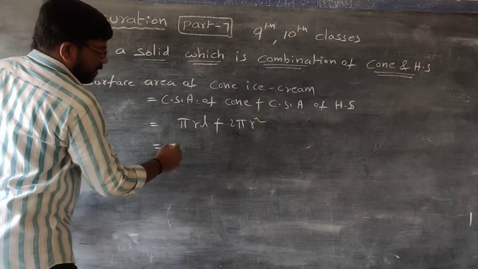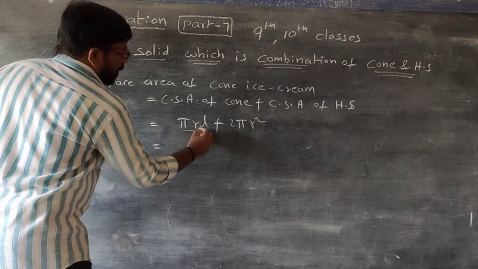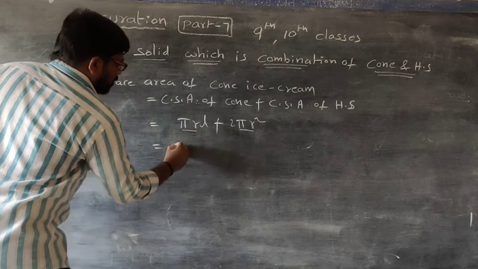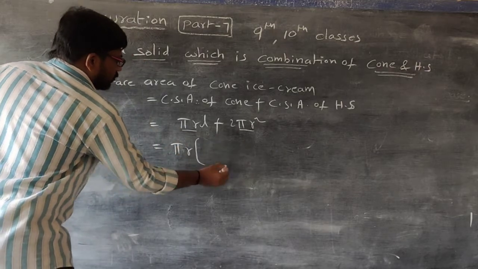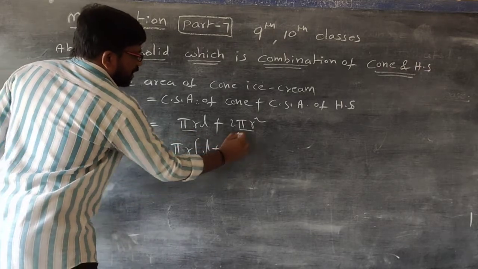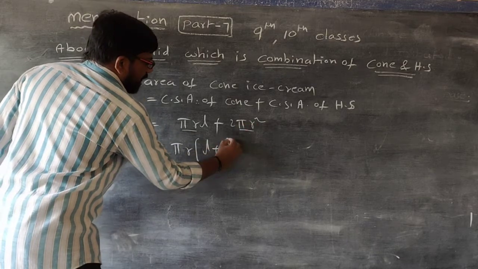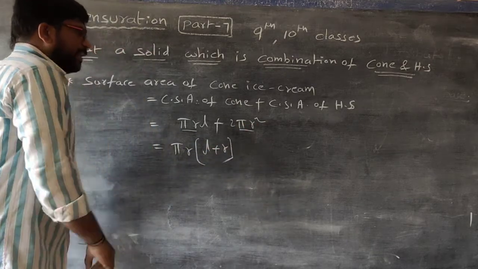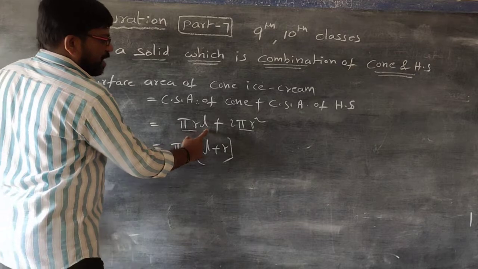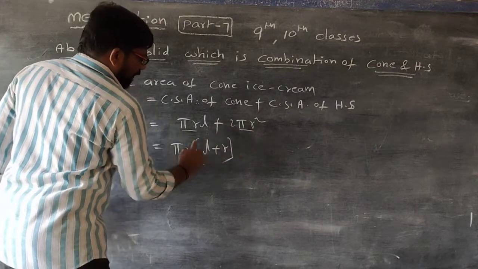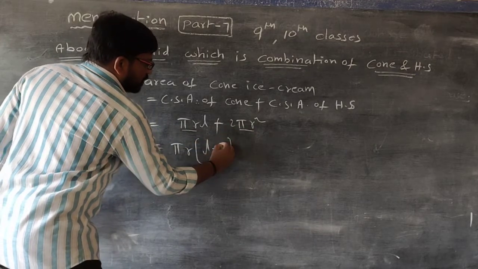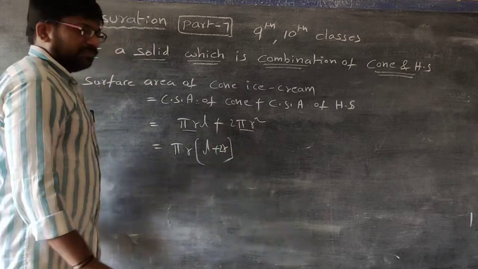From both, take pi r common. Pi r into l plus, here 2 r remaining.